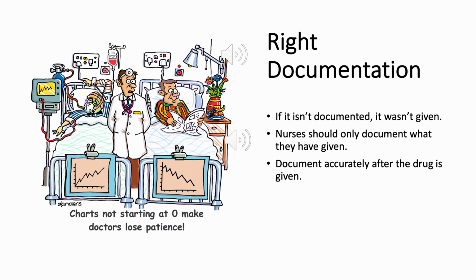It is vitally important that you never record drugs that were not given or record them before they are given. If a patient does not receive the drug for any reason, notify the nurse in charge or the healthcare provider according to the policies of your healthcare setting.